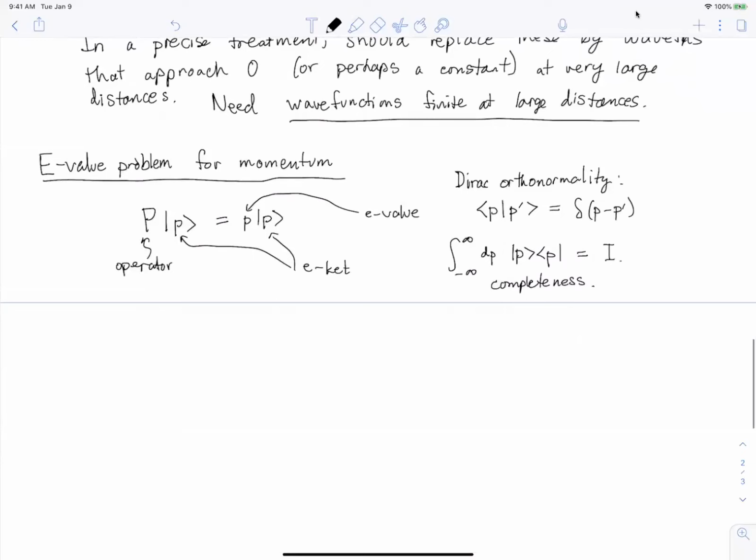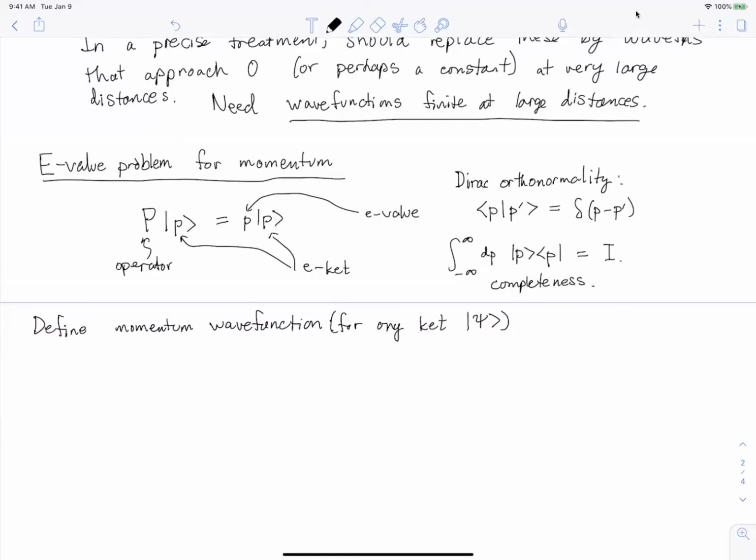Okay, and so for every possible momentum, there is one of these kets, and they're labeled by the same thing as their eigenvalue. Now with this, we can define the momentum wave function, for any ket psi.